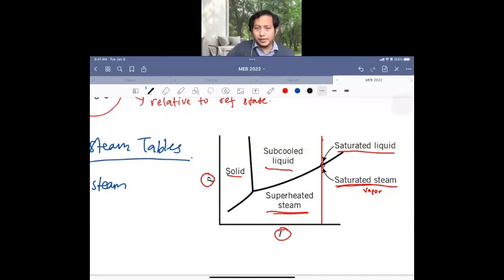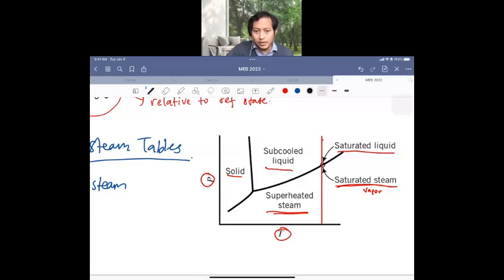So whenever you have a problem set where the given information is not sufficient, then you must try to look at some reference, because we already took notes on reference state. We can also take notes on the tables specifically for steam or liquid.